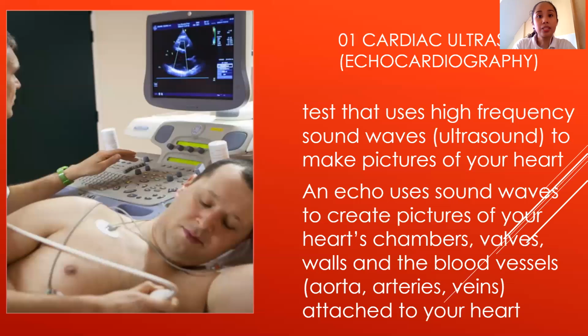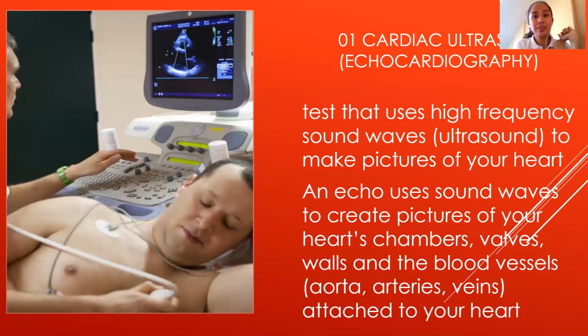It stores and retrieves the different images that visualize your heart. For this part, I think I have 5 different diagnostic procedures to visualize the heart. Number 1 is cardiac ultrasound. Notice what is being used: ultrasound, X-ray, or radionuclides.